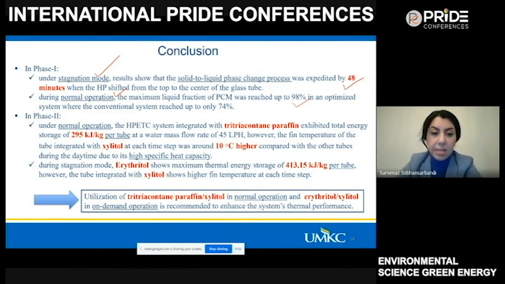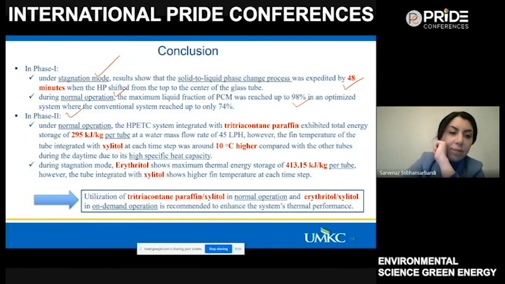The reason, as we discussed, is that when we move the heat pipe from the top to the center, we have better heat distribution within the collector, which helps the PCM melt uniformly, rather than one side facing the sunlight melting while the other side stays in solid phase. That wouldn't give better heat distribution or energy storage.